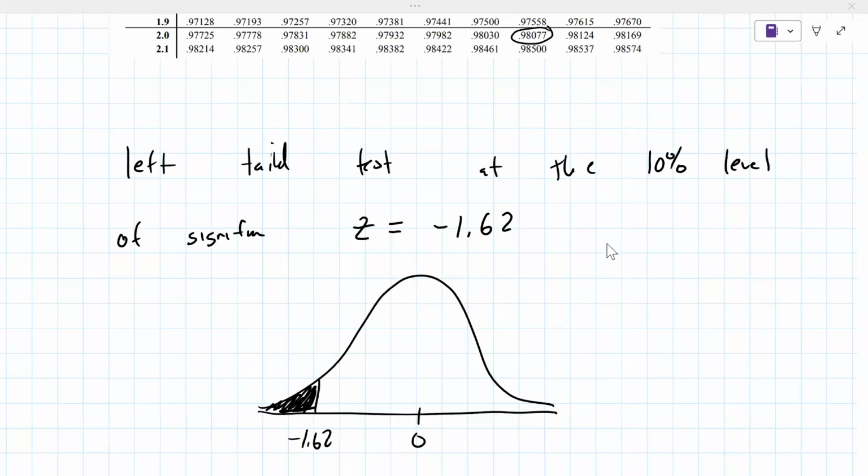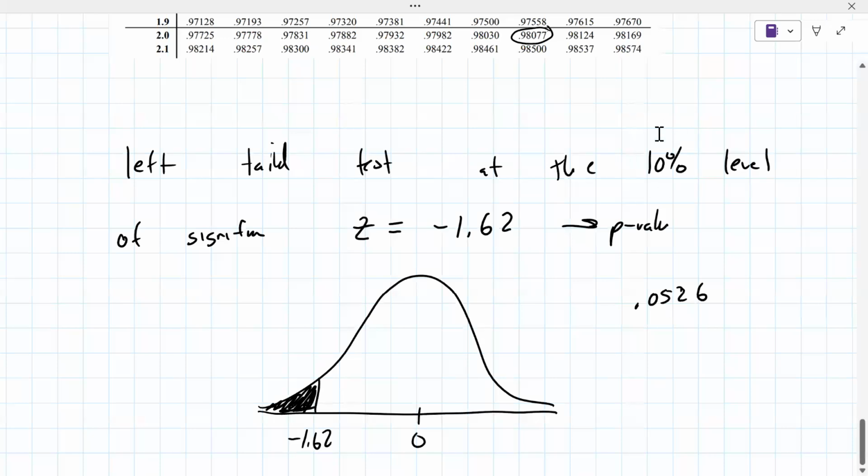So negative 1.62. It says 0.0526, I believe. Okay, that's correct.